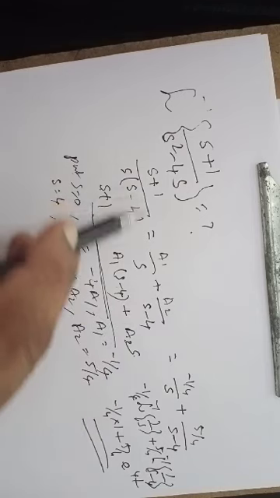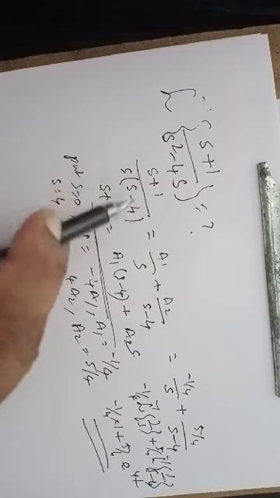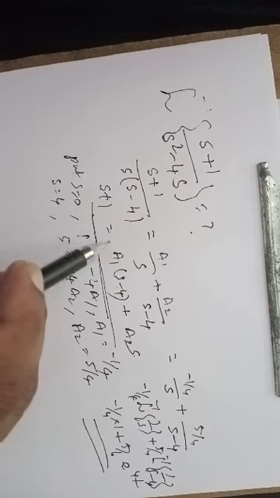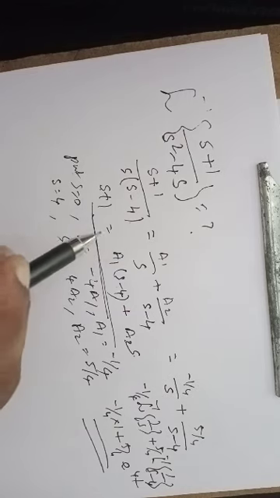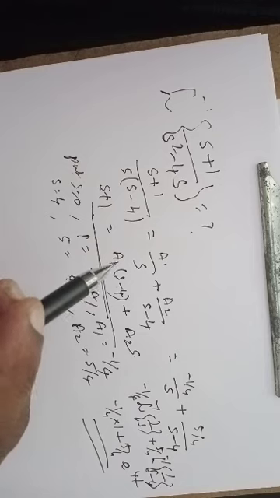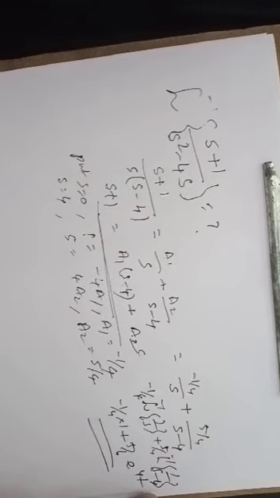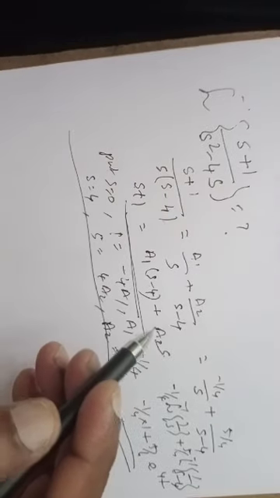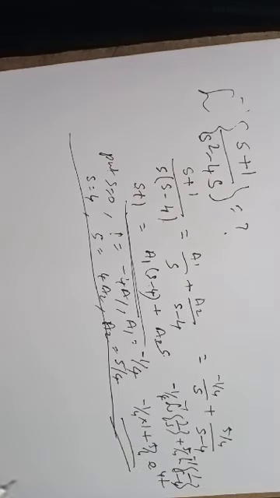The method is multiplying by the denominator on both sides and giving suitable values. So many problems are done in the notebook, just see the problems. Okay, and next, at most these types of problems can come to find the inverse Laplace transforms.